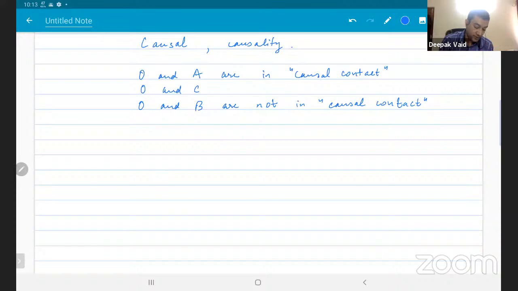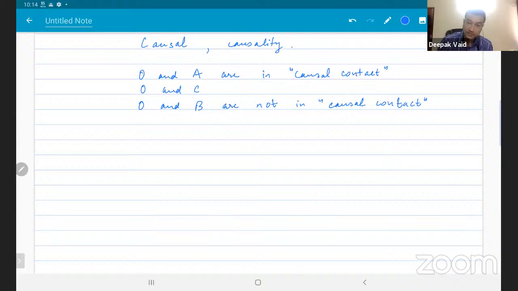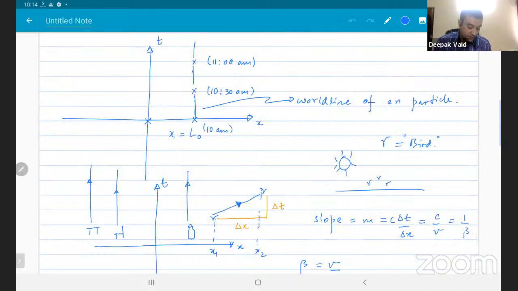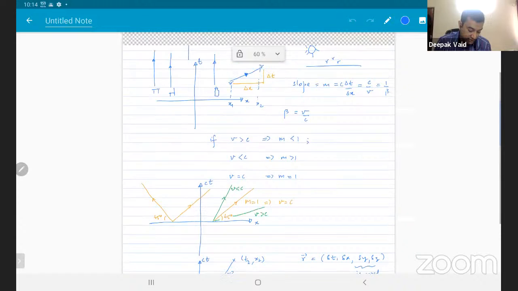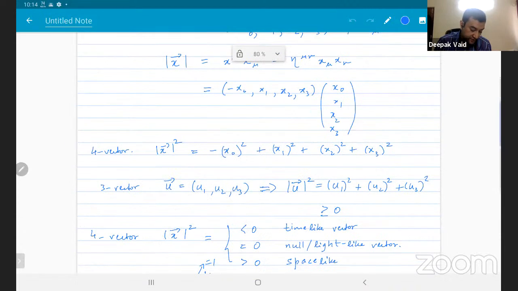So in the coming classes, we will be using these space-time diagrams and the length of objects, the length of vectors, all the time. So what is the meaning of this length? We say that this length can be positive, negative, or zero.